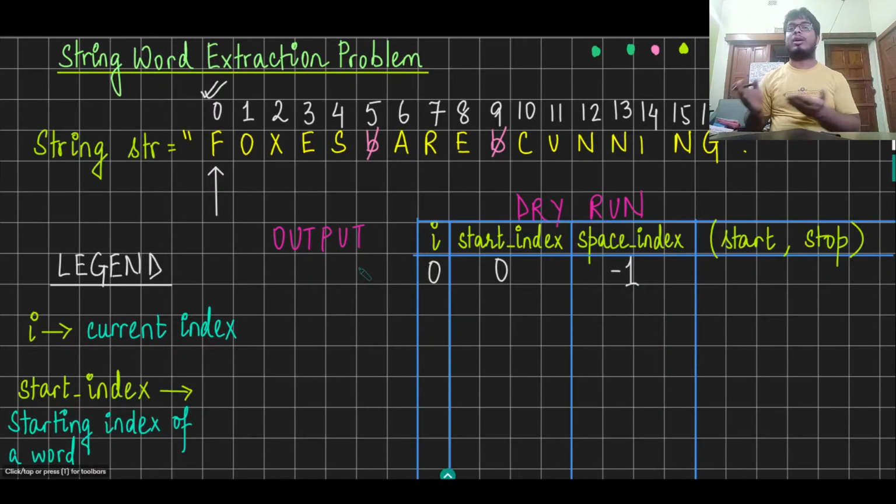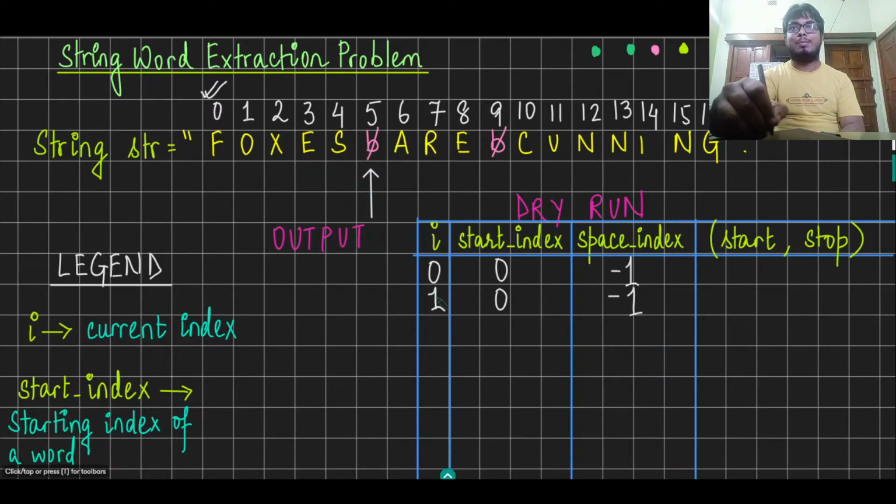So what did I discuss just now? That our primary objective of this algorithm is to find out the index of the spaces. So i would be incremented to 1, start index would still remain 0, and the current character is not a space, right? So this would go on continuing until we arrive at a character which is a space, right? So index 5 is a space.